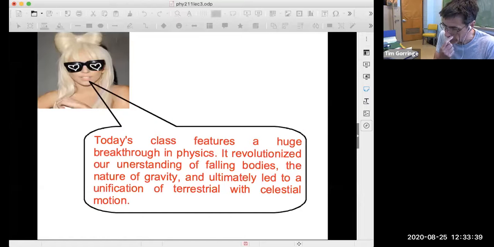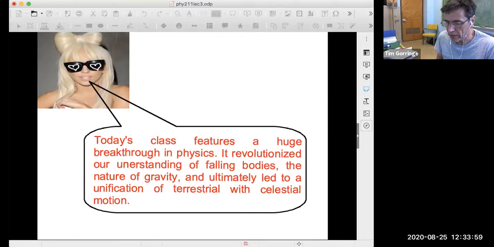As I hinted, this is why Lady Gaga is here. Today's class really features this momentous event in physics, this huge breakthrough due to Galileo.